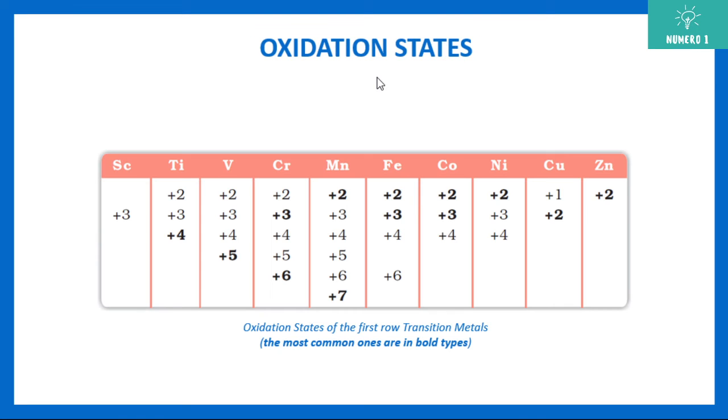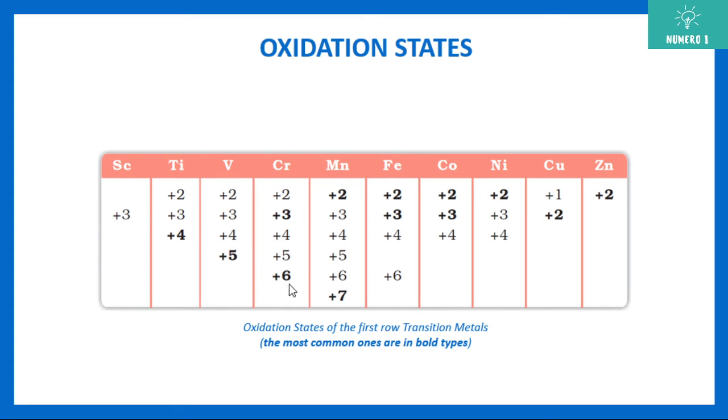Now, going into oxidation state, as I said in the previous slide, the lowest common oxidation state is +2. You can see they exhibit multiple oxidation states. For example, vanadium is +2, +3, +4, +5. Chromium goes from +2 to +6.